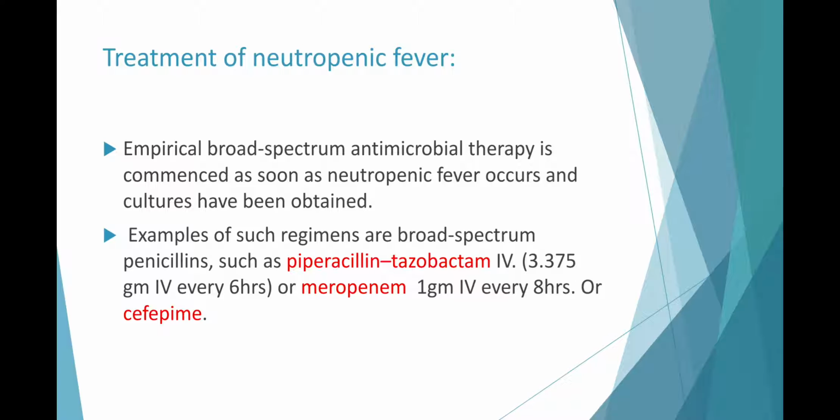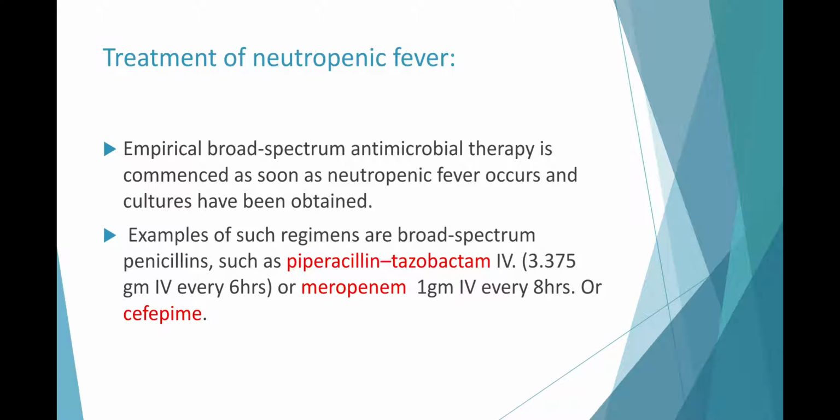Empirical broad-spectrum antimicrobial therapy is commenced as soon as neutropenic fever occurs and cultures have been obtained. Always remember, obtain cultures before administering antibiotics. Examples of such regimens are a broad-spectrum penicillin such as piperacillin-tazobactam, or meropenem, or cefepime.